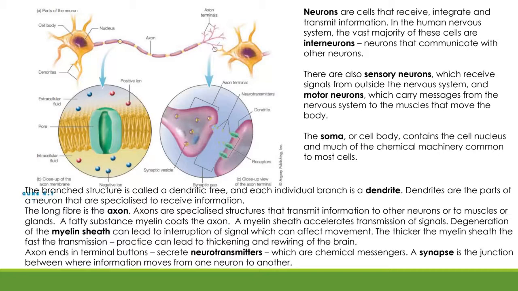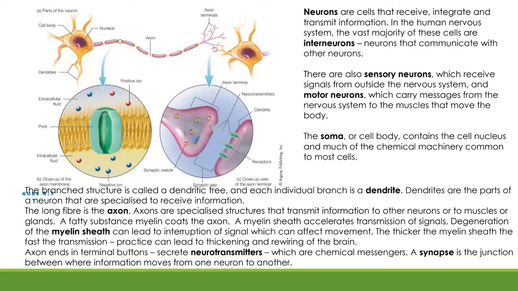And we also have sensory neurons. Those are the neurons that bring incoming information from our senses, what we feel, what we taste, what we touch. It's all receiving those signals from outside of our nervous system. It transmits them, and then we have the motor neurons, which carry the messages from our nervous system to the muscles in our body.